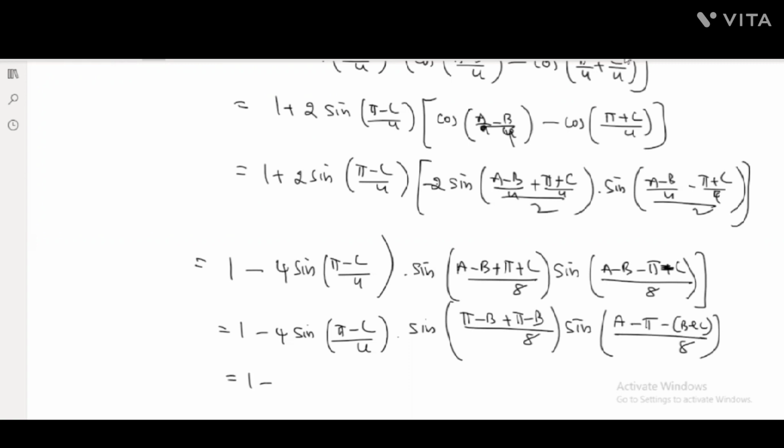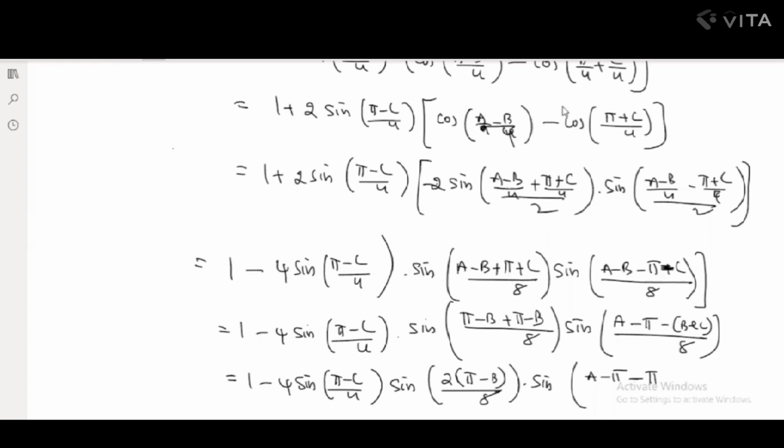So this is equal to 1 minus 4 sine pi minus c by 4, sine of we can write this as 2 times pi minus b by 8. So here sine of b plus c we can write as pi minus a, means minus pi plus a, divided by 8.